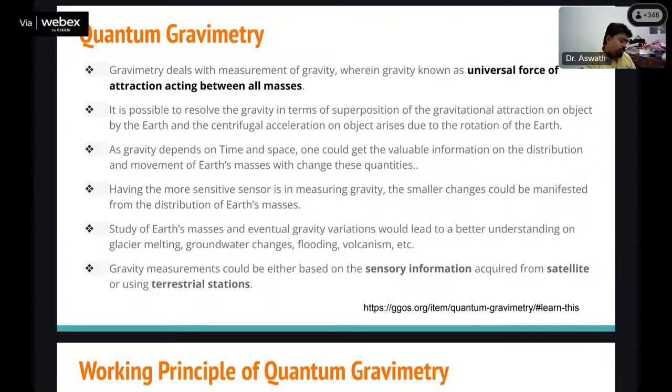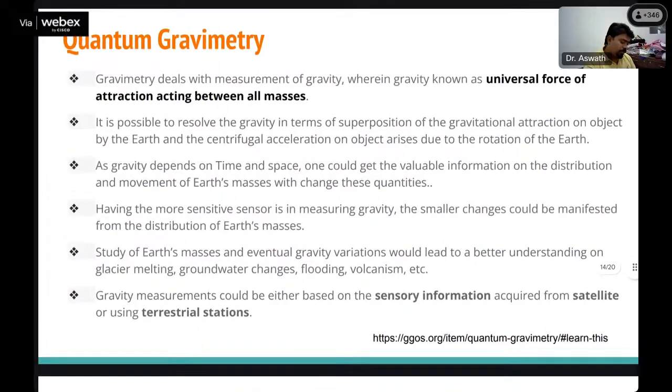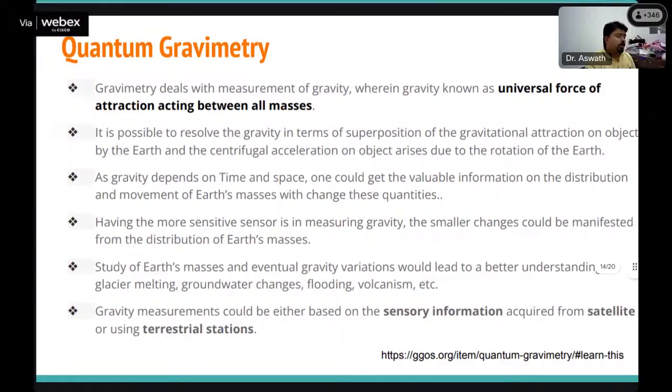Okay. So as you can see, quantum gravimetry deals with the measurement of gravity. Gravity is known as a universal force of attraction acting between any two objects having some masses. So it's an obvious thing.